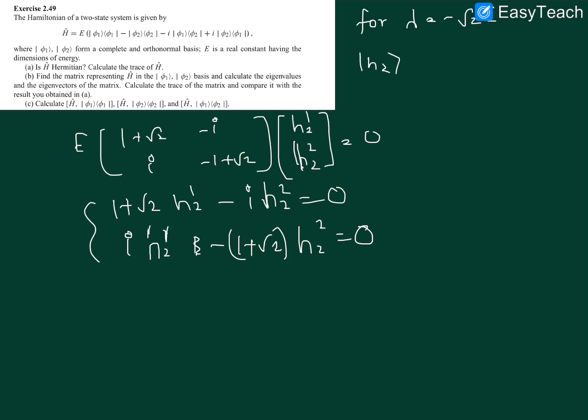Again, these two equations are similar, so instead of working on both, we'll just take the first one and work our way out. If we take h21 as 1, then our h22 will become minus i (1 plus root 2).